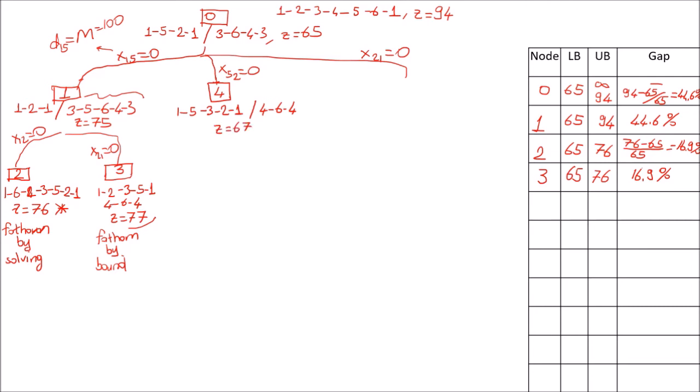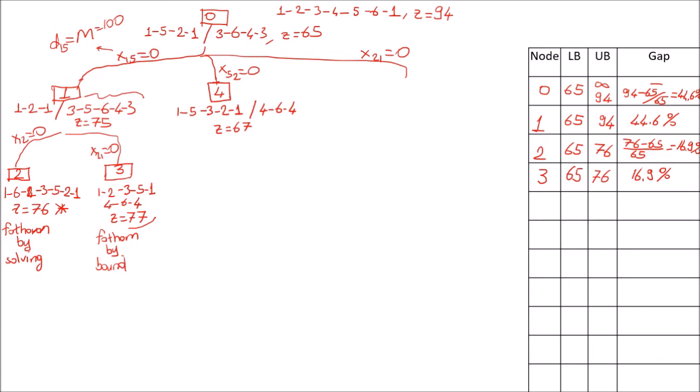Okay, and the Z value is 67. Now question, can we fathom because of feasibility? No, there are subtours. Can we fathom because of bound? Our previous best solution is 76, but this one is 67. It means that we can obtain a better solution here. So we cannot fathom because of bound here, and we need to branch. And since there are two subtours, we need to select one of them to branch.